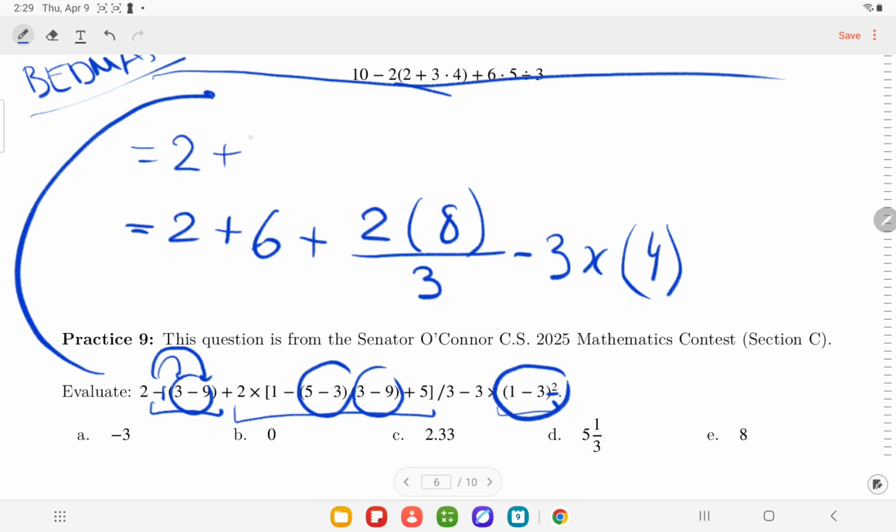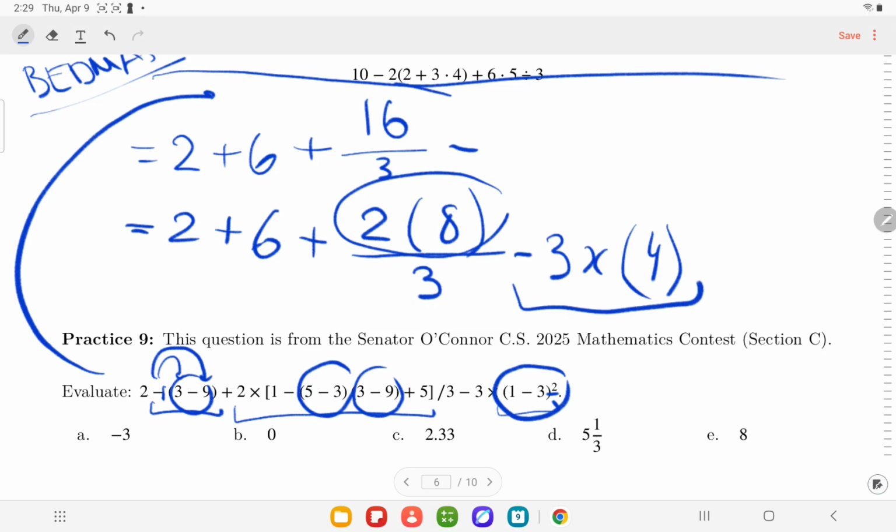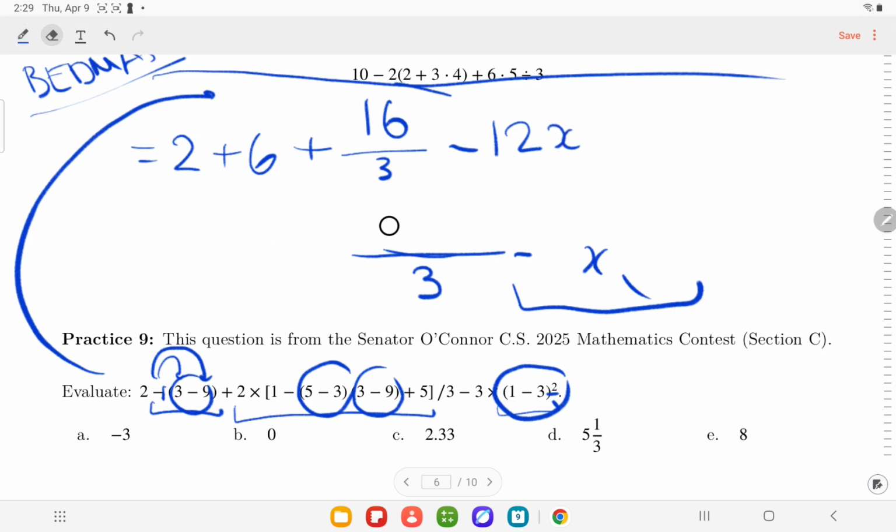And then we solve the multiplication up here. So 2 times 8 is 16 divided by 3 minus, then we can multiply 3x times 4. We end up with negative 12x. My bad, guys.